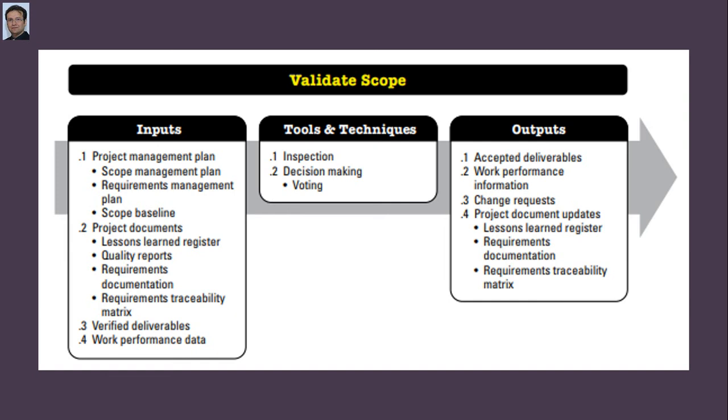So obviously from project documents you need requirement documentation and the requirement traceability matrix as well, because the requirement traceability matrix correlates the requirement with the objectives. So at the time of validating these project deliverables with the requirements, objectives should be considered.